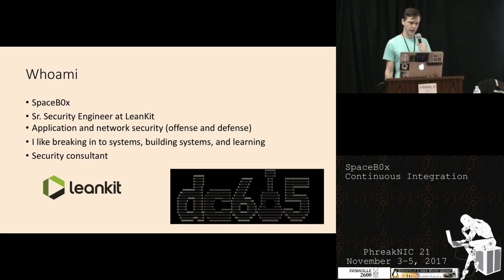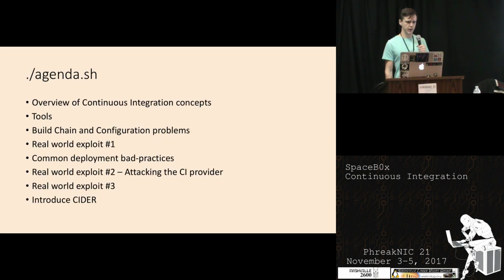What we're going to do in this talk is go over a high-level overview, a flyover of continuous integration, some of the concepts, what it is, and some of the tooling around that. Then we'll go through a typical build chain flow for software, from the time that code gets pushed to a repository to the time that it's deployed to production, and talk about some of the problems that are inherent with these build models.